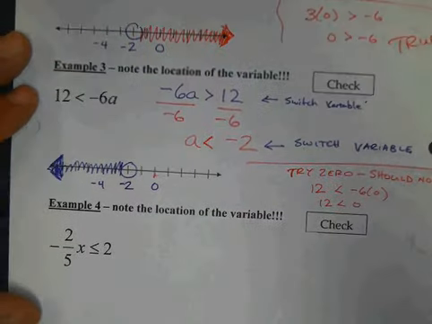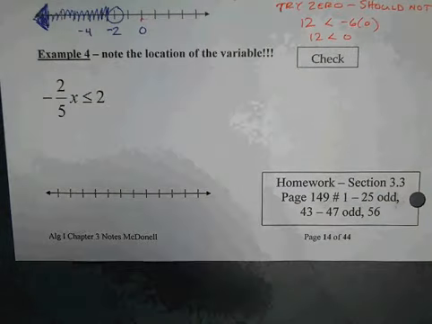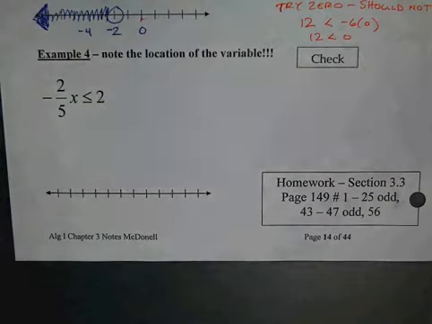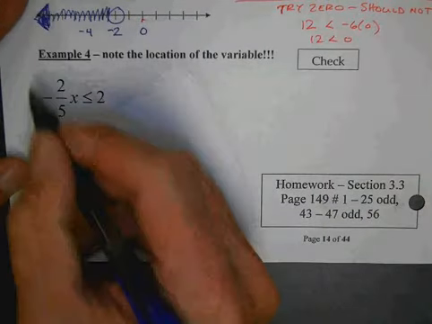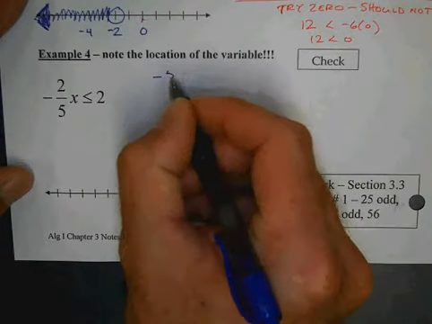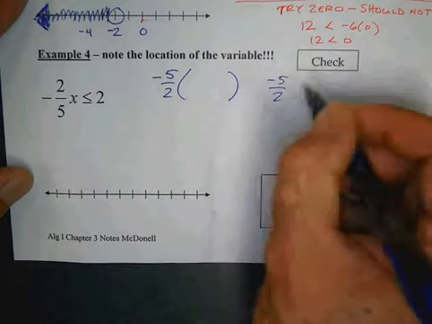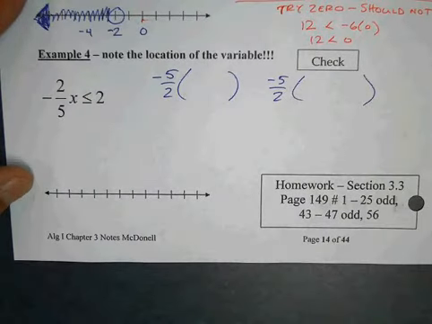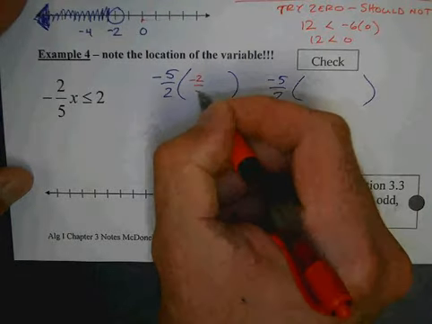All right, down at the bottom, I wanted to show you a fraction that was also negative to kind of put them all in terms of the most difficult kind of problem. What's the reciprocal of negative 2/5? So, out here, put negative 5/2, big parentheses, negative 5/2, big parentheses. And let's put the original problem on the inside.